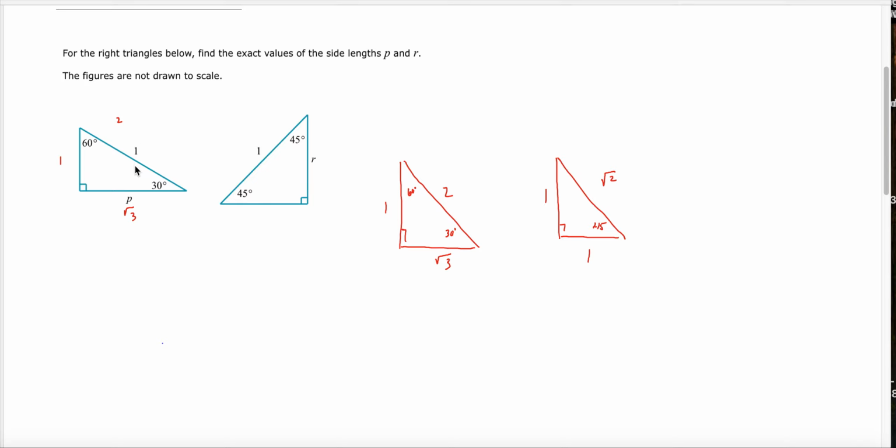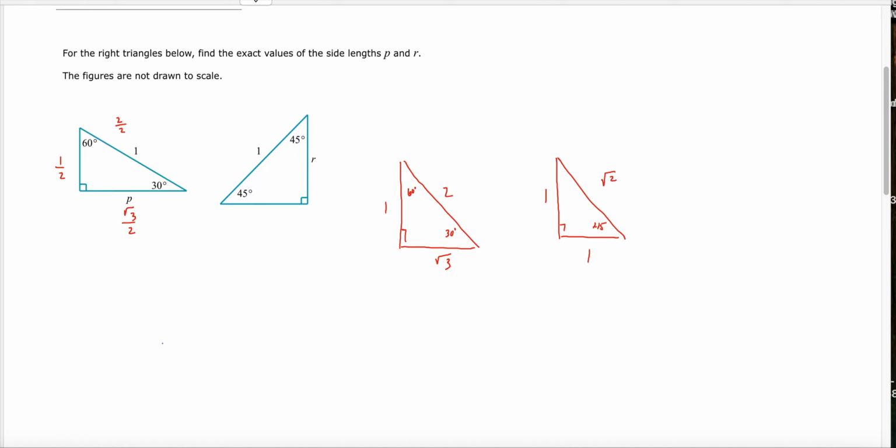So if I want the hypotenuse to be 1, then I'm going to divide 2 by 2, because 2 over 2 is 1. If I divide this side by 2, then I have to divide the other sides by 2 as well. So if the hypotenuse is 1, then this side P is the square root of 3 over 2, and this side opposite the 30-degree angle is 1/2.